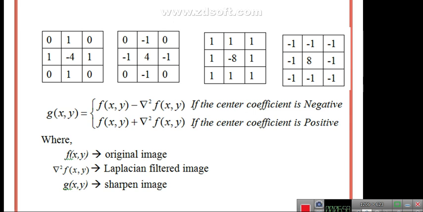If the center coefficient is negative, then f(x,y) minus del squared f(x,y). Del squared f(x,y) is the Laplacian filtered image. It is subtracted from the original image when the center coefficient is negative. Otherwise, the Laplacian filtered image is added to the original image if the center coefficient is positive. This is the way we can get the sharpened image.